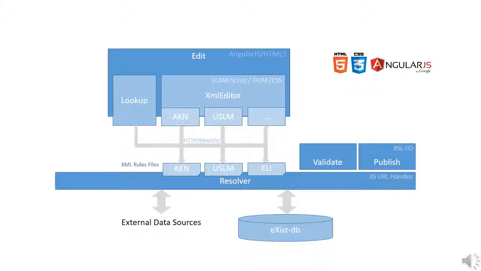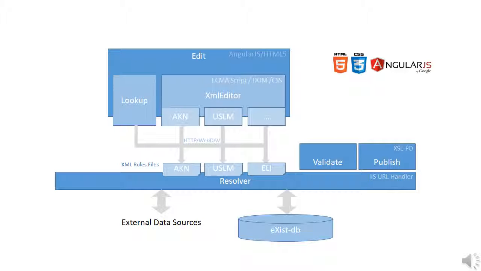The middle tier uses an application we call a resolver. The resolver is a plugin to the web server, and it intercepts and interprets references to legal provisions either specified as URLs or as human-readable citations. This resolver is highly configurable, relying on an XML-based rules language to specify how to interpret the references or citations.